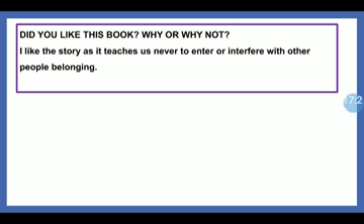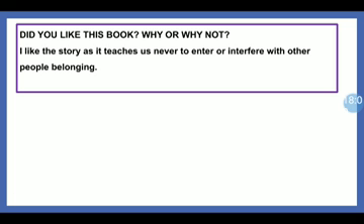So, you're giving me your opinion, your thoughts on the book. Well, in my case, I liked the story, and it teaches us never to enter or interfere with other people's belongings.